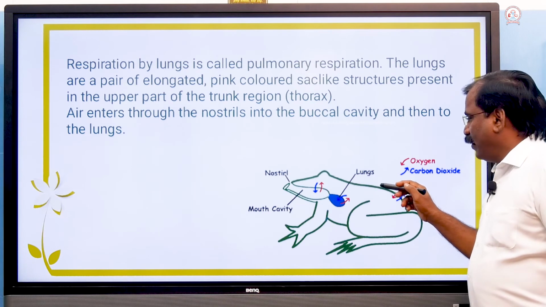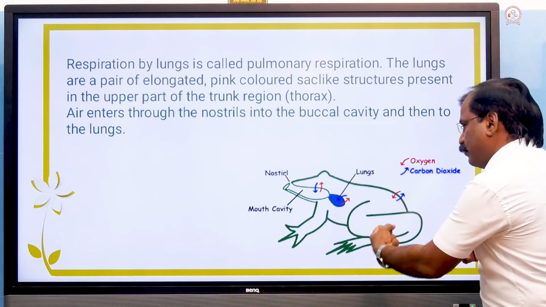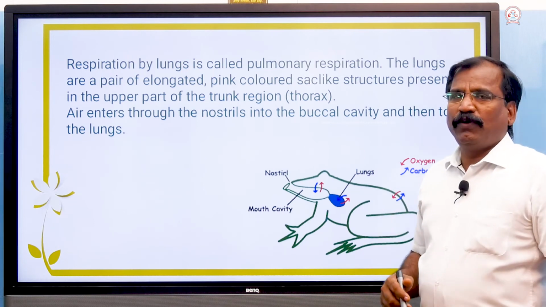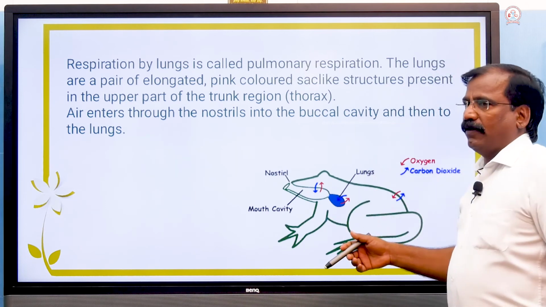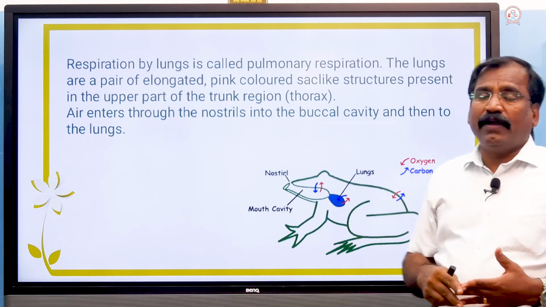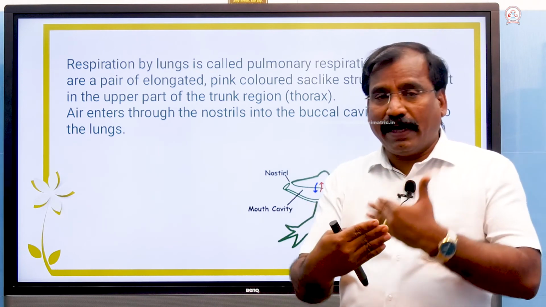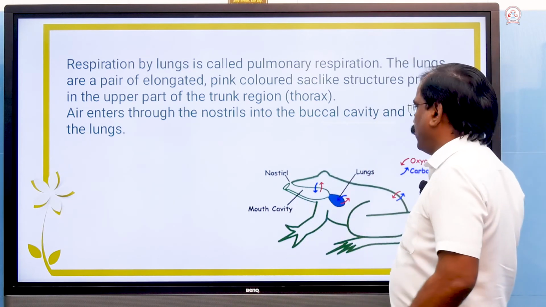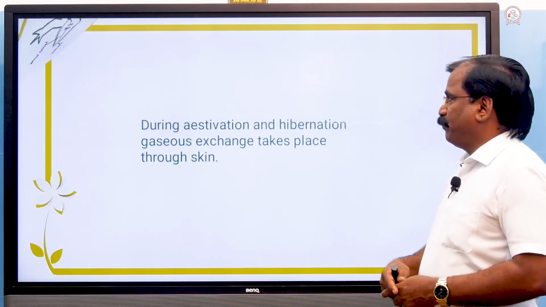So that dissolved oxygen is absorbed, taken by the simple process of diffusion. So when the animal is on land, it uses the buccal cavity, skin and lungs. By using these three organs, it respires.